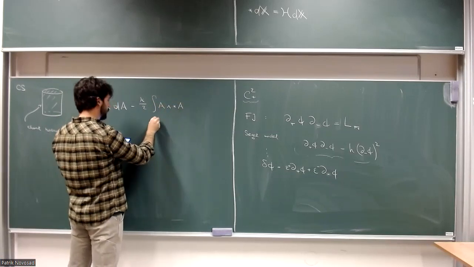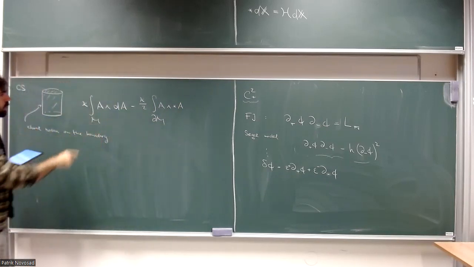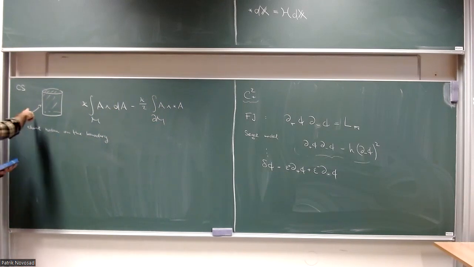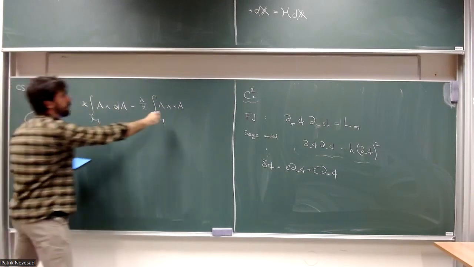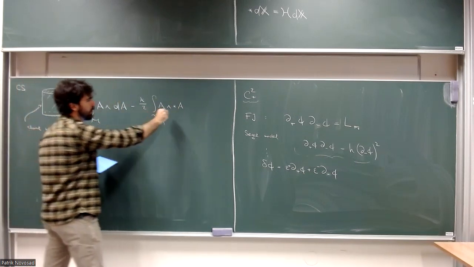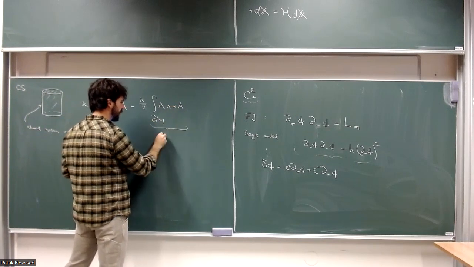This boundary term will first of all introduce some metric dependence on the boundary by a star. This was a topological action, and this is now non-topological. It breaks topological invariance.